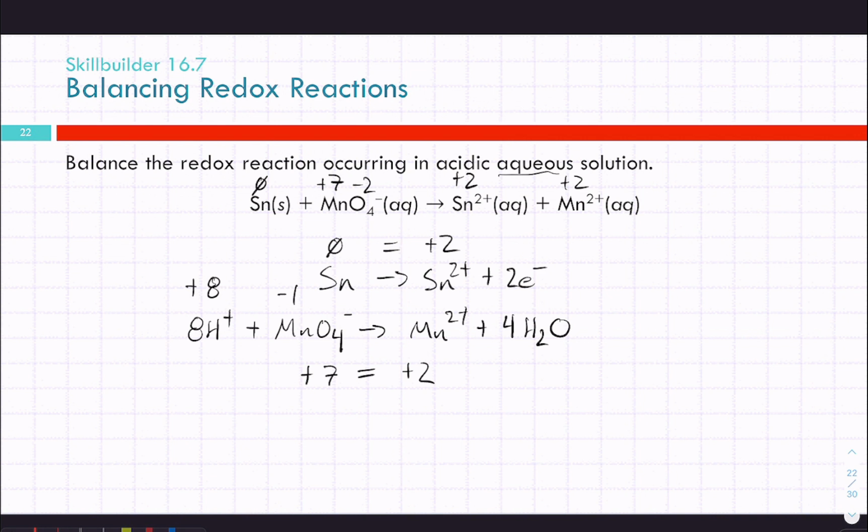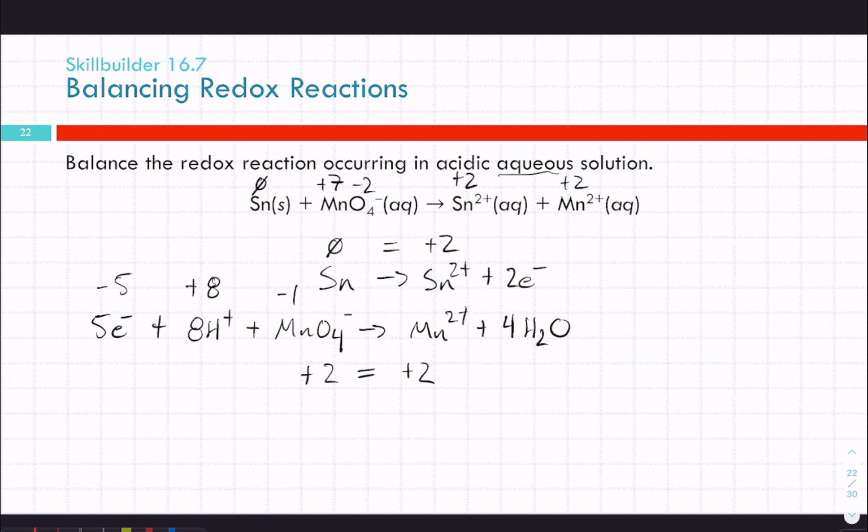The reactants. Yep. Like I was just saying, it doesn't have to be 0 on both sides, it just has to be the same. So we add 5 electrons, because now we'll get minus 5. Then this will be an overall charge of plus 2. So charge is balanced on either side.